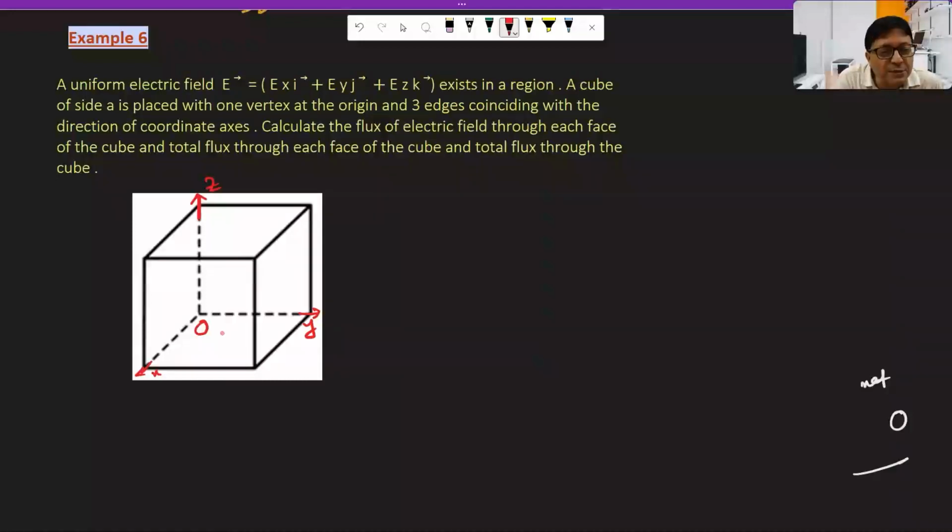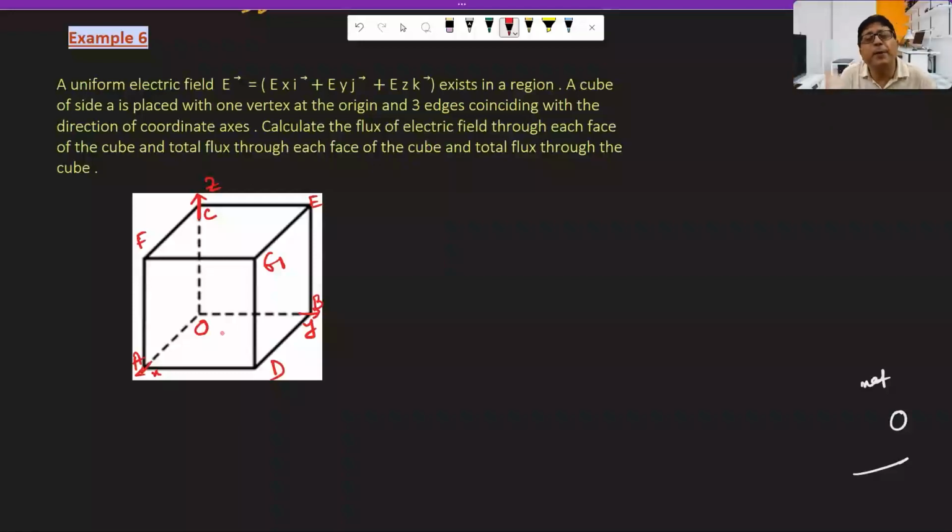Name these vertices also: this is A, B, C, D, E, F, and G. Calculate the flux of electric field through each face of the cube to get the total flux.